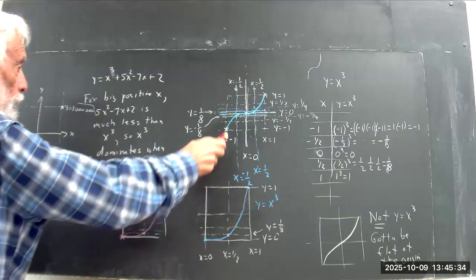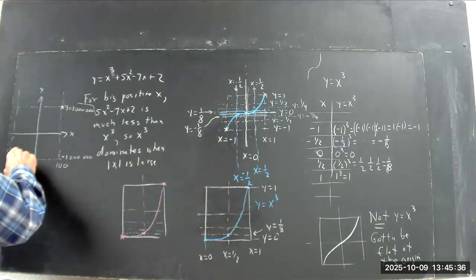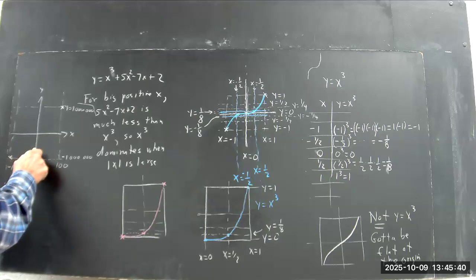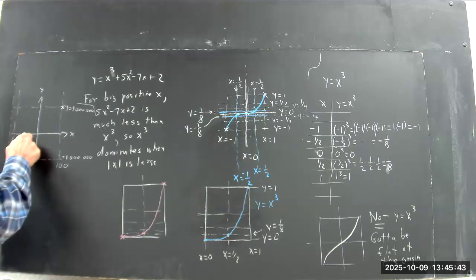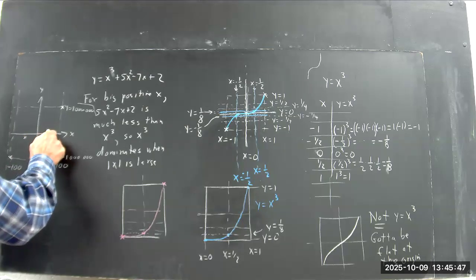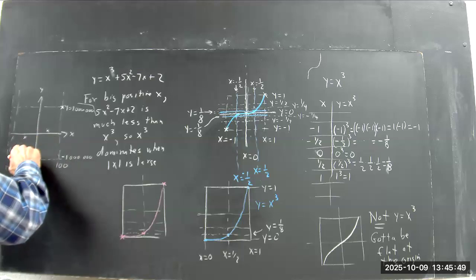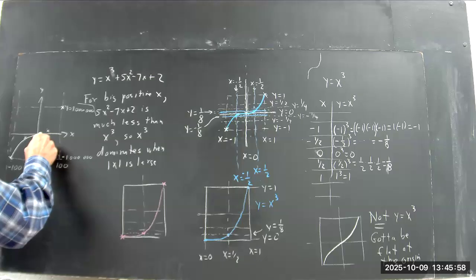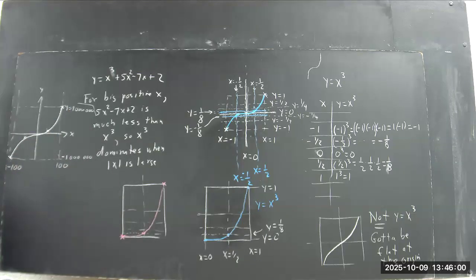The shape of the graph of y equals x cubed is this. When you go halfway to the y-axis, you get 8 times as close to the x-axis in the graph as this basic cube shape. Okay?